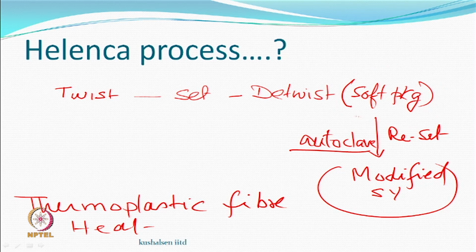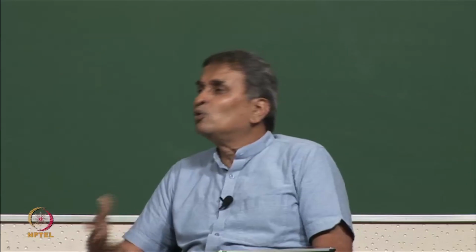Here a term which has been used is soft package. What is soft package? That is, the winding tension was less, and therefore, the yarn or the filaments within the yarn have some scope to maneuver, right.